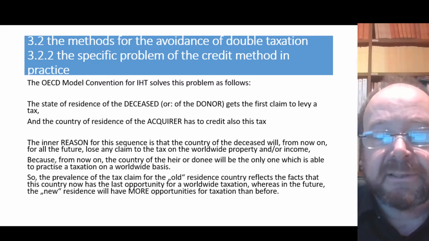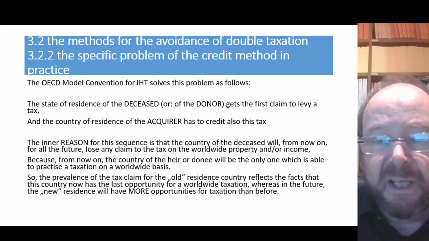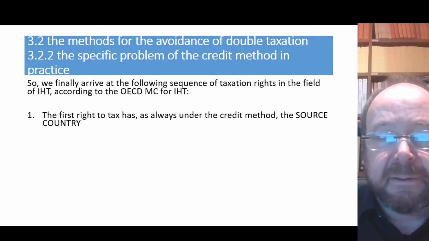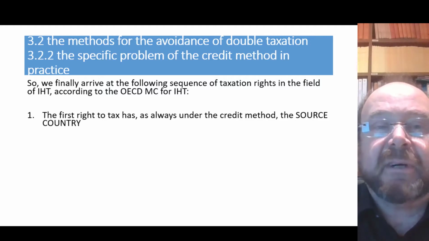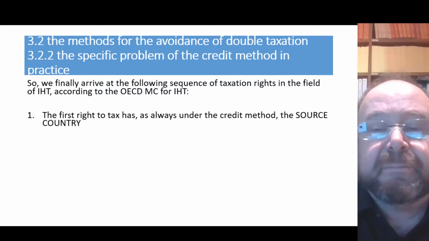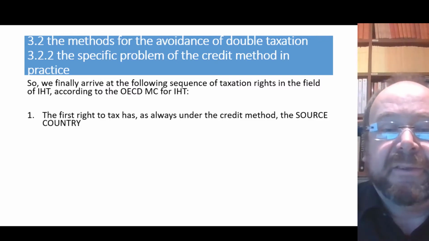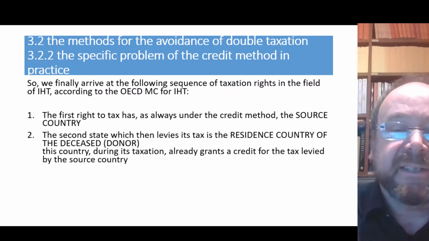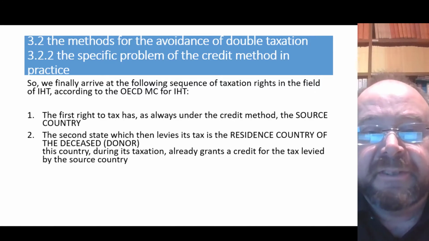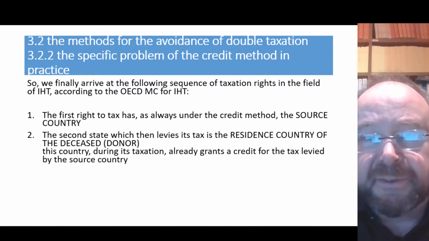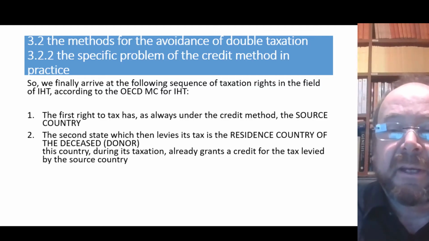Yes. So we end up with the following sequence. The first right to tax under the credit method has, as always, the source country. Then, second in line is the residence country of the deceased, which then credits the tax from the source country, but nothing else.